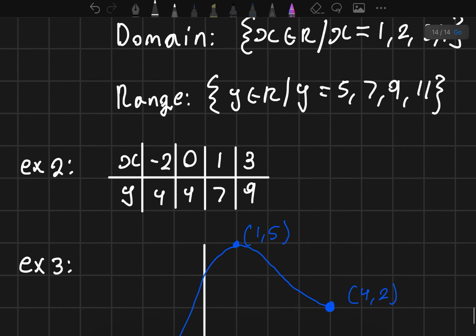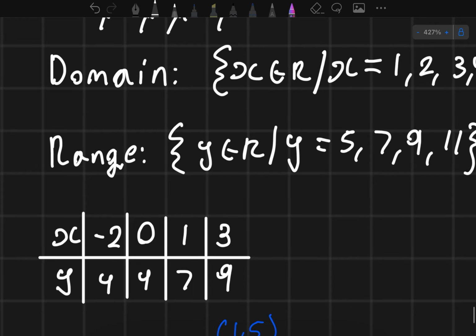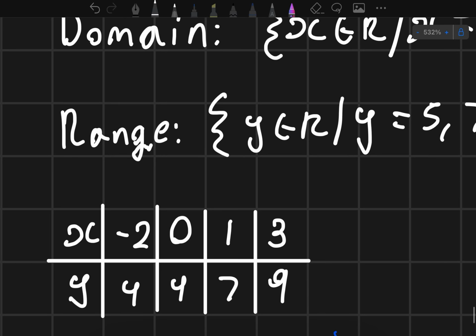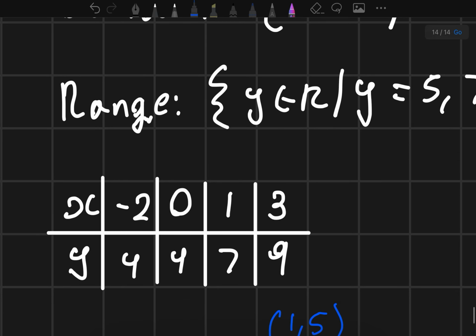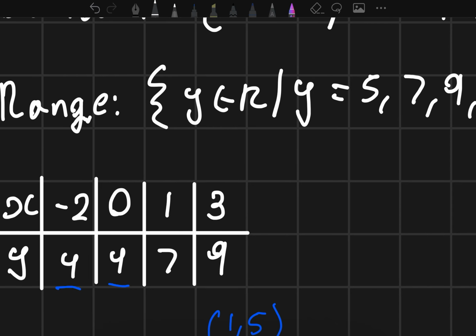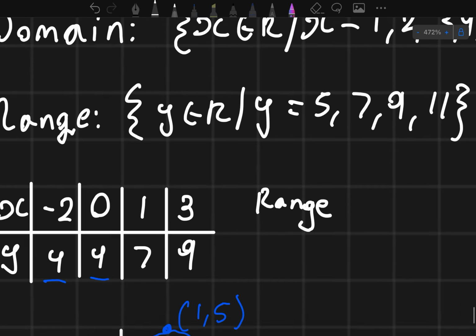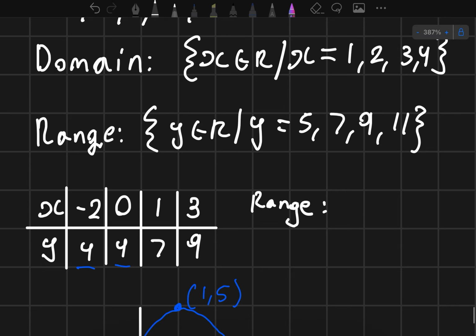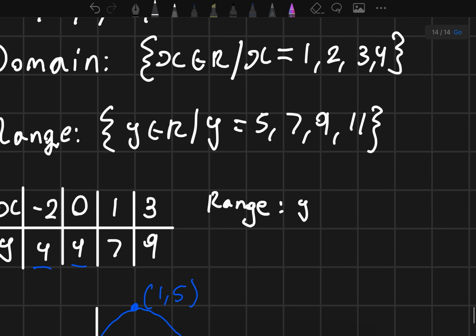Now here we have another case where we have this table of values, but we can see that there are repeated numbers. So to get the range of this, you would just write the repeated number once. So it would just be like y ∈ R, y is equal to 4, 7, 9.